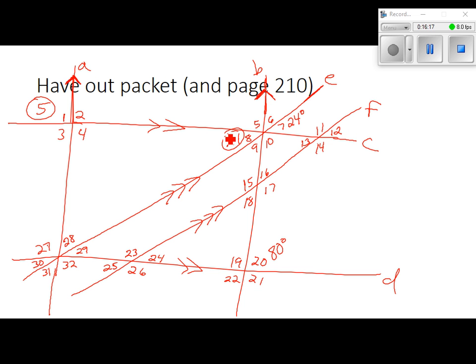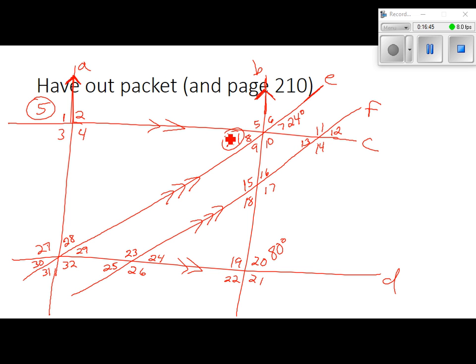We gotta hurry. Otherwise, I'm gonna give up on this problem. 156. What's this angle? 156. What's this angle down here? 24. This angle? 156. This angle? 156. This angle? 24. Can we write some of those in over there? Yeah.